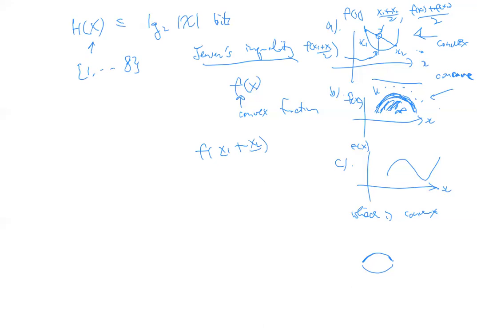If I look at the weighted sum of these two points, p x1 plus (1 minus p) x2, then the function value at these points should be below the linear combination, basically p f(x1) plus (1 minus p) f(x2), for all x1, x2. If you can show this, then the function is convex.